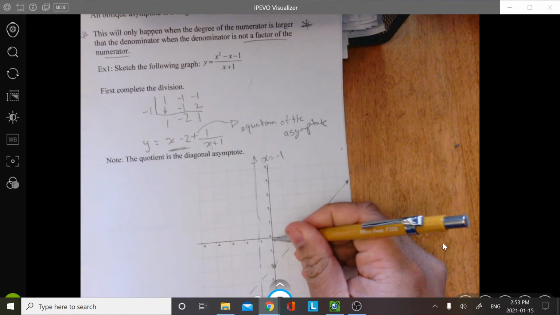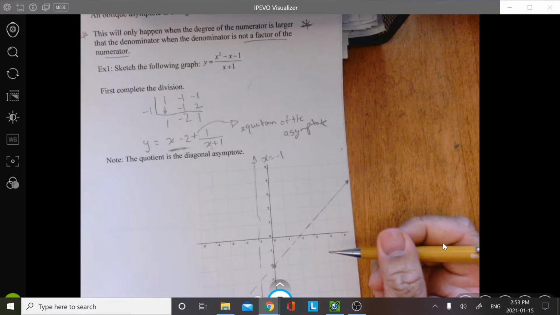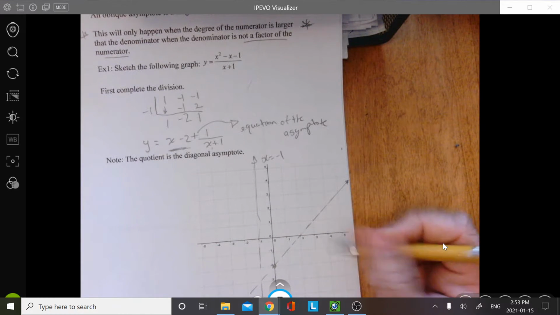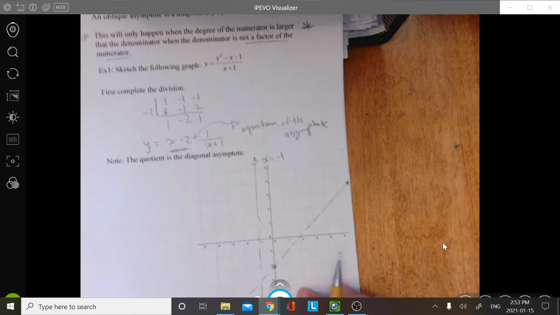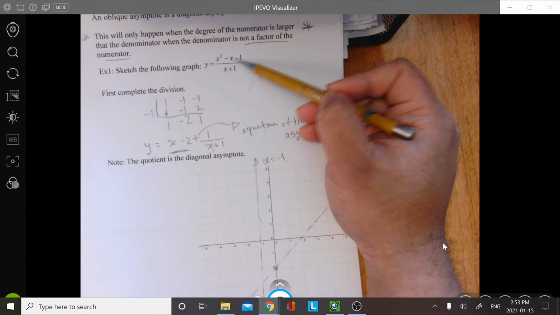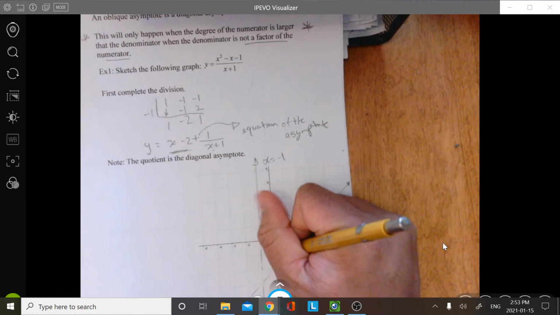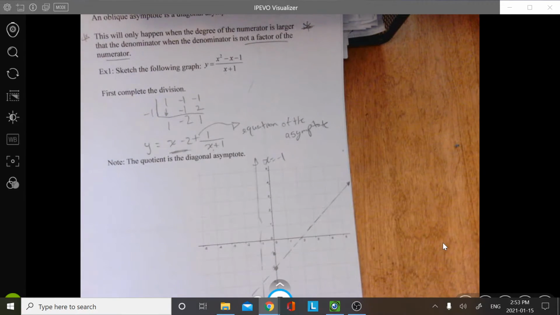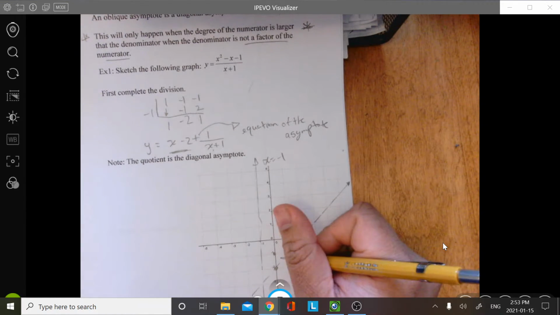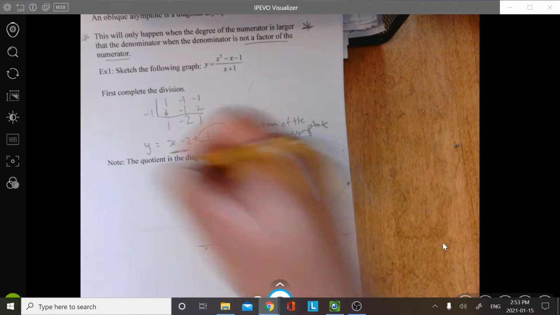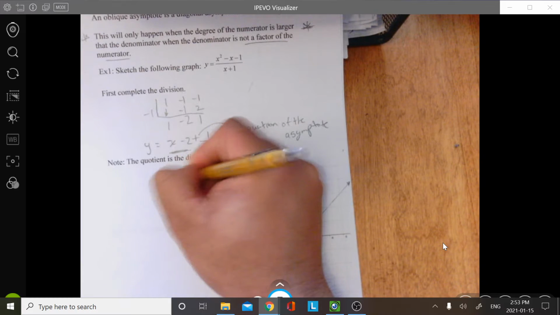So let's go f of 0. If we plug in 0 into our equation, you get -1 over 1. So there we go, we get -1. So f of 0 is -1.